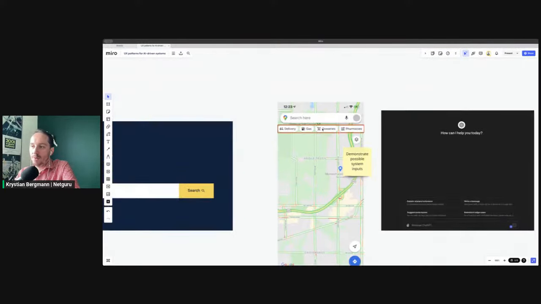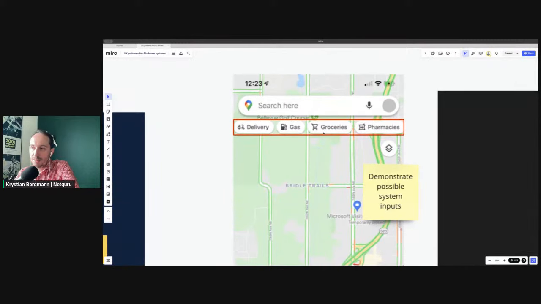The other approach is demonstrating possible system inputs. So the big problem from the user interface or challenge with the user interface within the AI-driven system, and very specifically for the generative AI systems, is that you may have like infinite numbers of inputs, right?